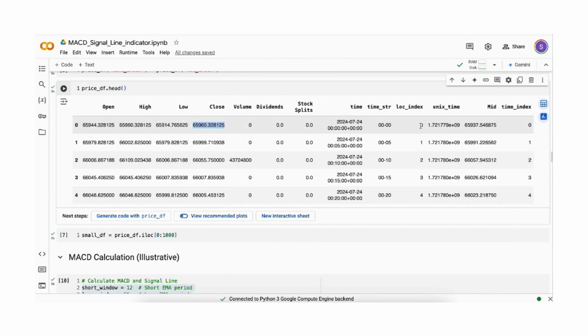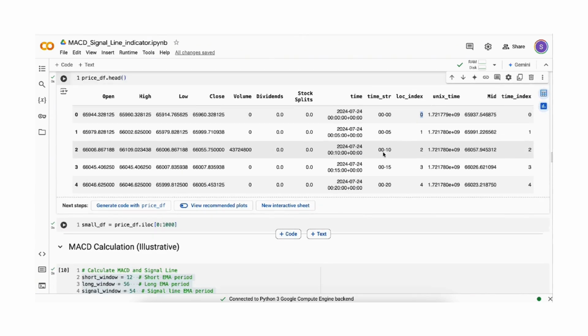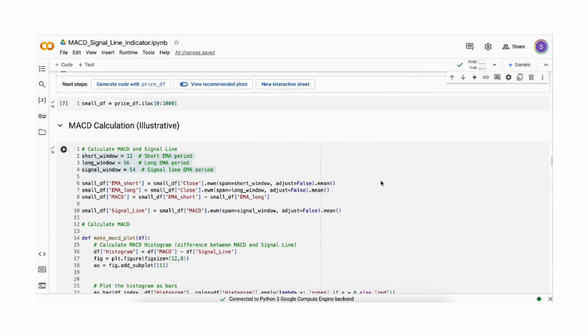The location index just has numbers from 0 to n to help us plot, and then there are some other variables for visualization help, such as the time string and so on.